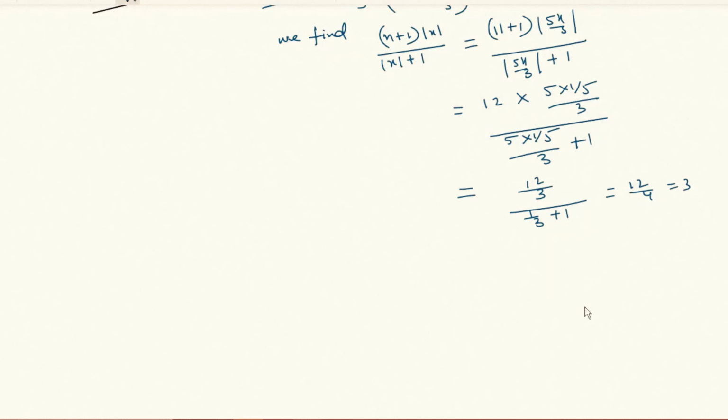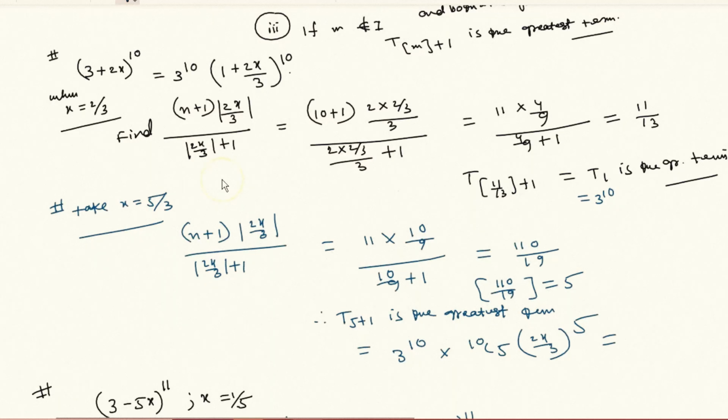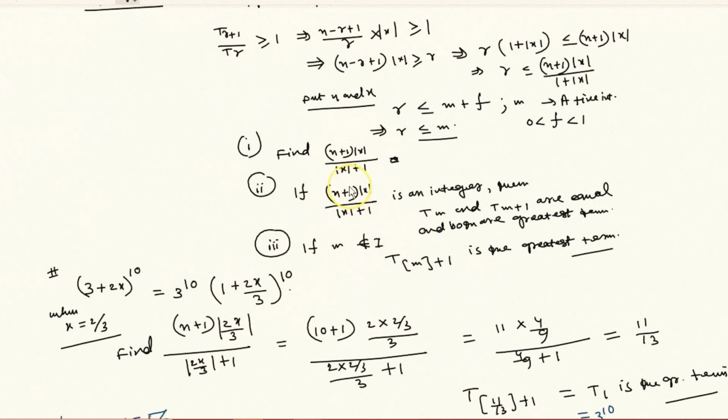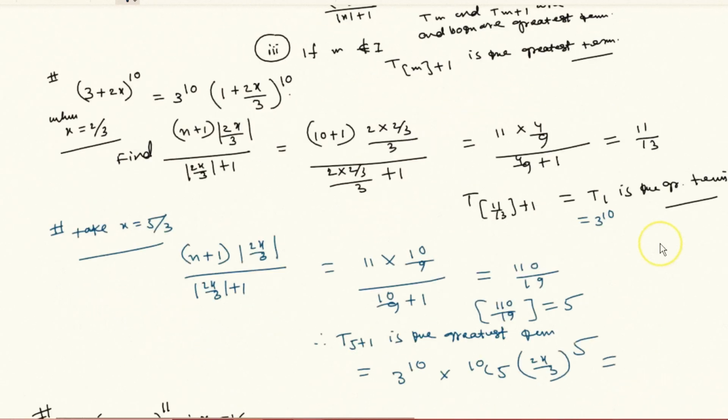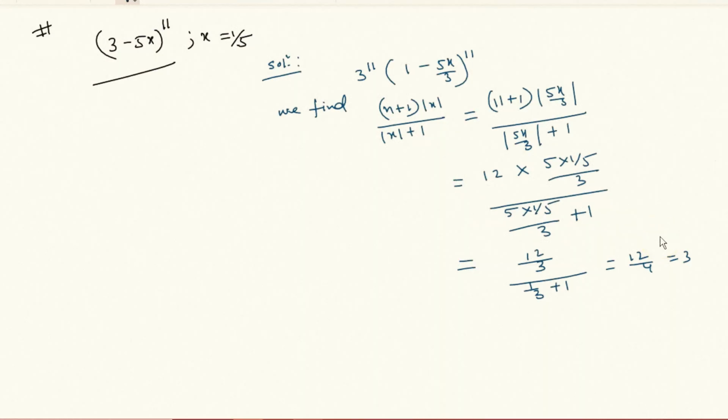Now see for integer how to solve, because previous two sums we did it for fraction. Here this thing we got from the consideration that Tr plus 1 is greater than or equal to Tr, and the final result is r less than equal to 3. So this I am repeating here. So Tr plus 1 by Tr is greater than equal to 1, that is Tr plus 1 greater than equal to Tr if r is less than equal to 3.